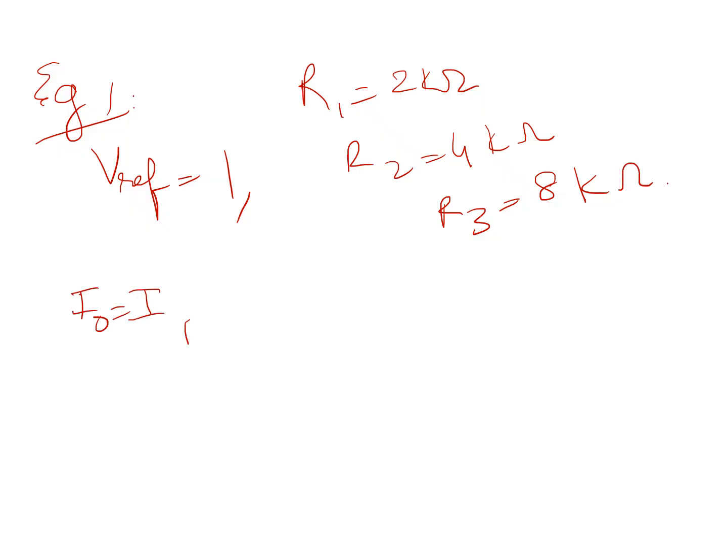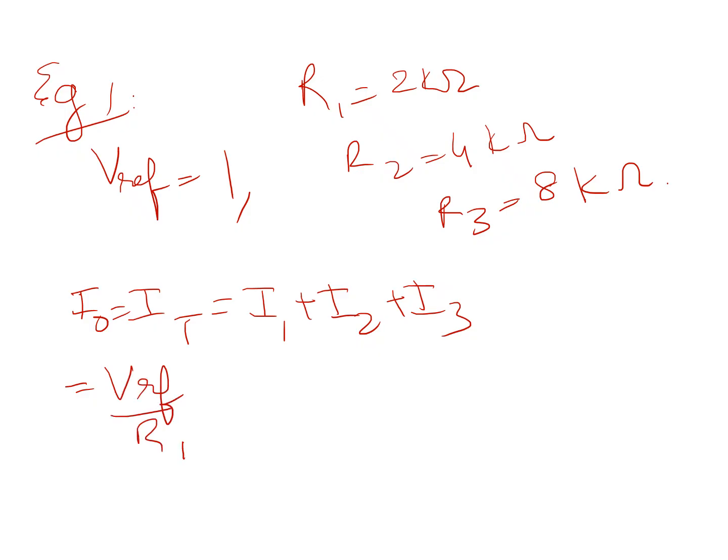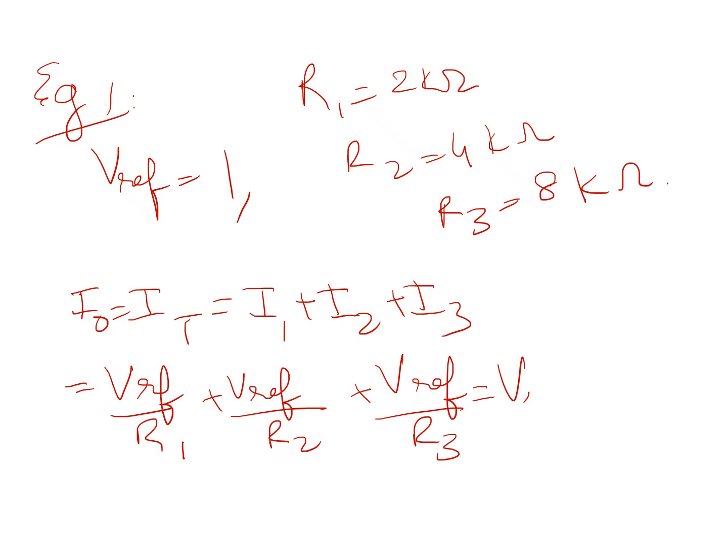I0 is equal to total current is equal to I1 plus I2 plus I3, which is equal to V reference by R1 plus V reference by R2 plus V reference by R3, which is equal to V reference by 1 kilo ohm into 1 by 2 plus 1 by 4 plus 1 by 8.